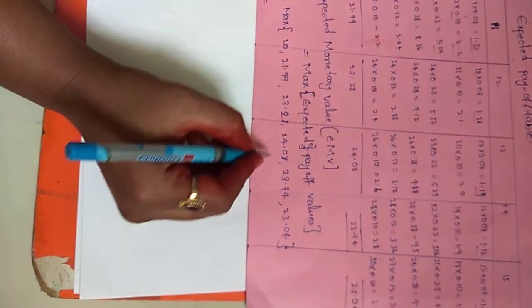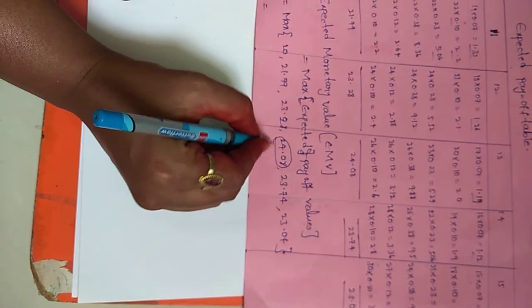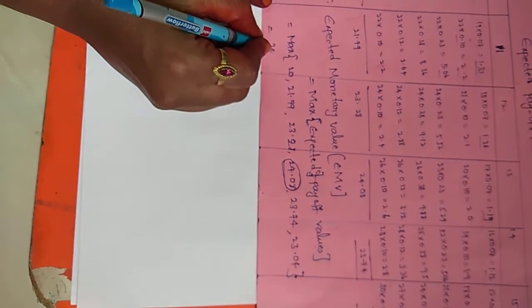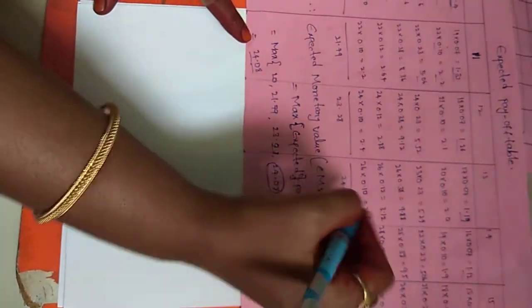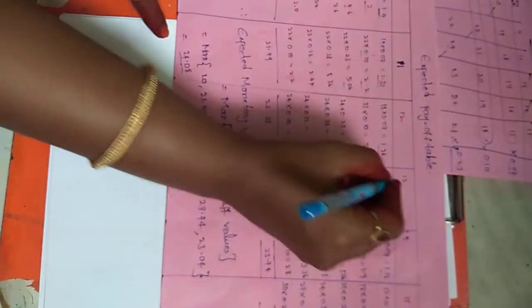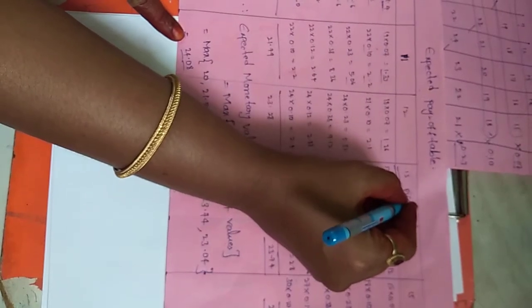Here we have to take the maximum, that is 24.08. 24.08 is our answer. That comes under the 13 pieces.